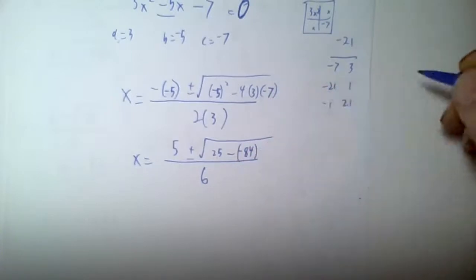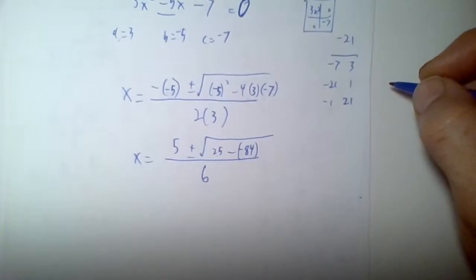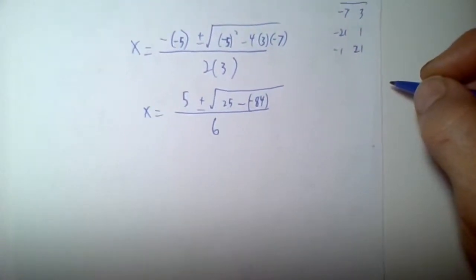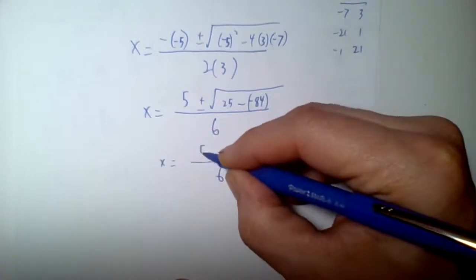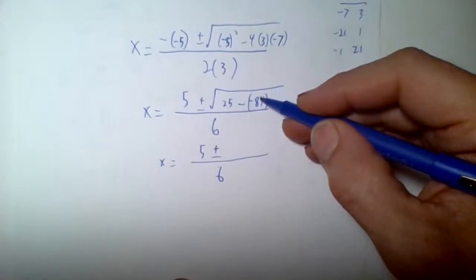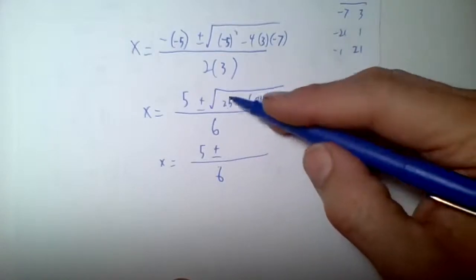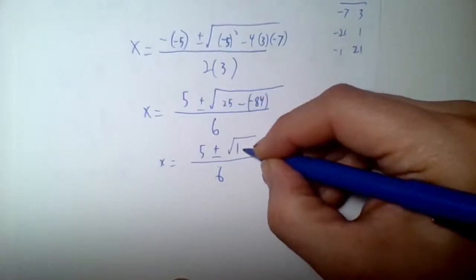But it's minus a negative 84, which is really the same as adding positive 84. So we are going to end up with a big positive number this time. Most of the work's inside here. 25 minus negative 84 is the same as 25 plus 84, which is 109. Square root of 109.